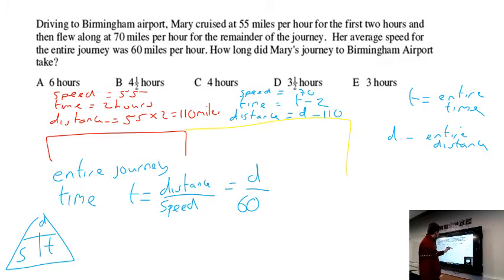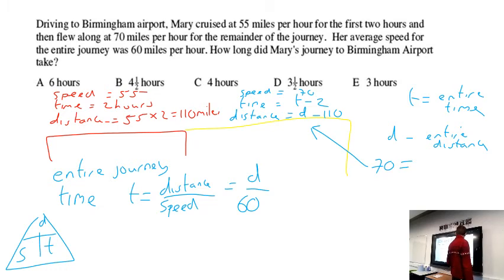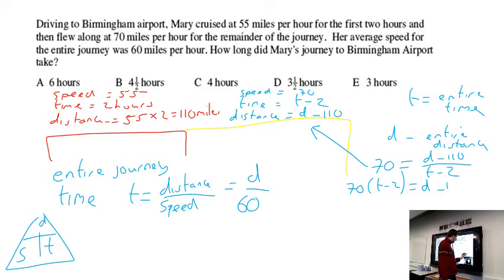So looking at this first one here, we can see that speed is 70, distance divided by time is d minus 110 over t minus 2. Multiply both sides by t minus 2, this is going to be 70 times t minus 2 is equal to d minus 110.